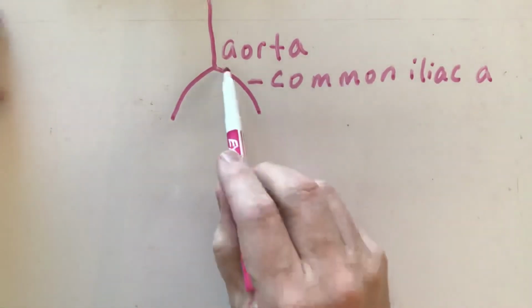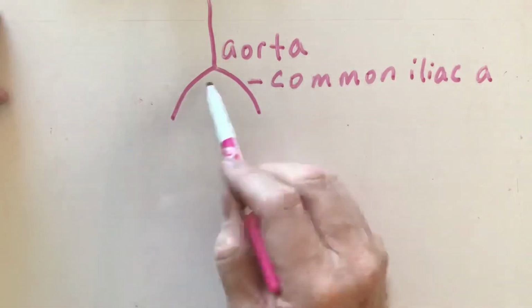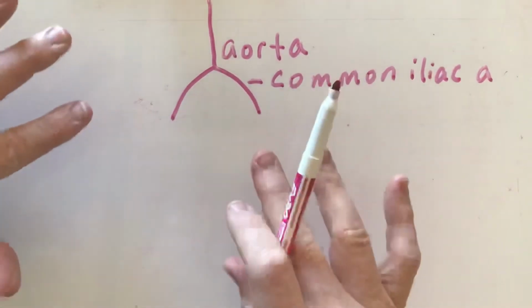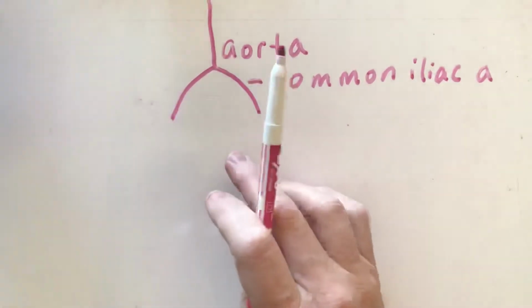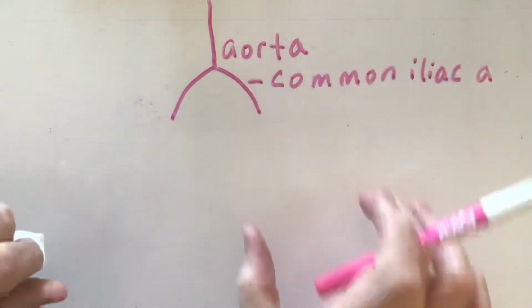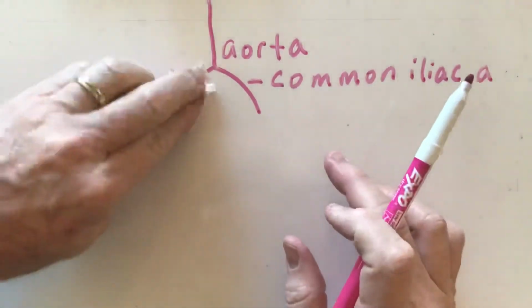Now, this is the left common iliac artery. This is the right, and remember, it goes by the patient's side. So I'm just going to ignore this one over here. Everything I write on this side also applies to the other side.